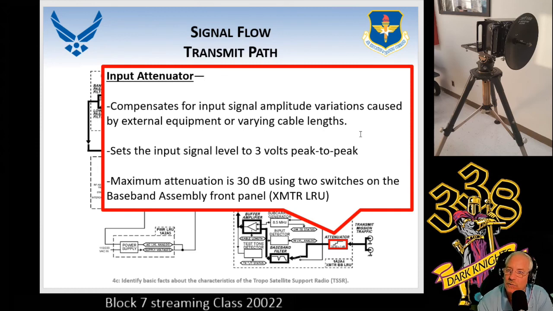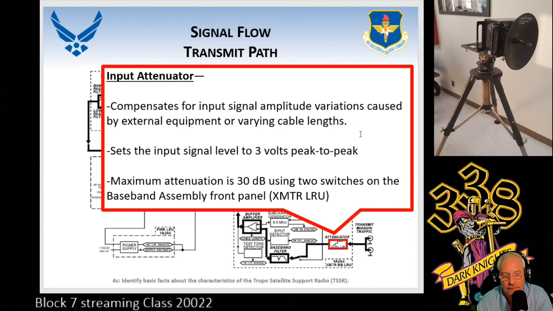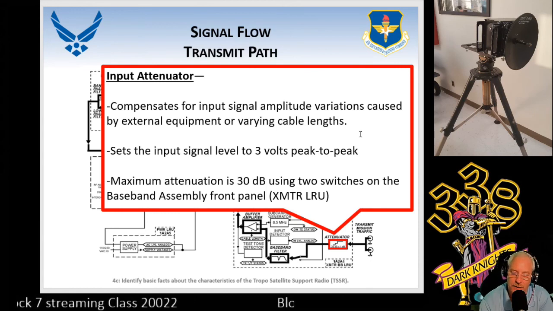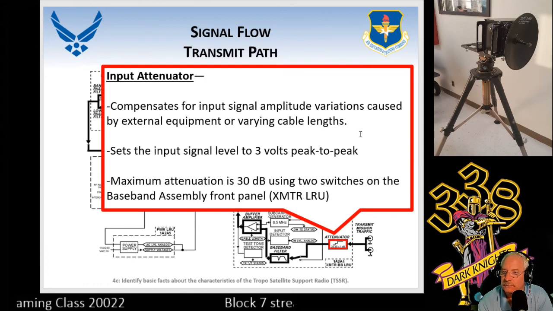And the reason you don't want that to happen is you've got to bring that signal down, and the attenuator is what does it. So the idea is to go from 5 volts peak to peak to 3 volts peak to peak. Is there any reason why it's 3 volts peak to peak as opposed to 5? That would be the design of the Tisser.